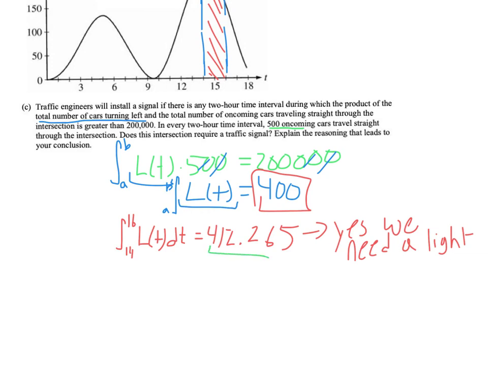And the reason that we need that is because if we have the 412 and then multiplying that by the 500 gives us more than that 200,000. I guess a clearer way to express that might be to talk about these being greater than instead of equals in terms of figuring out where those points are. Solving them is the same process anyway. And if we have something that's greater than 400, we are good.